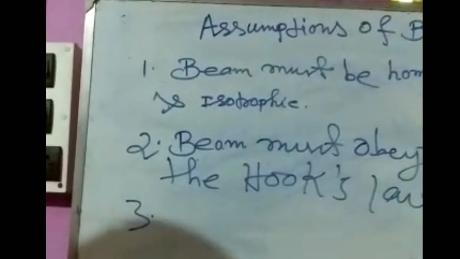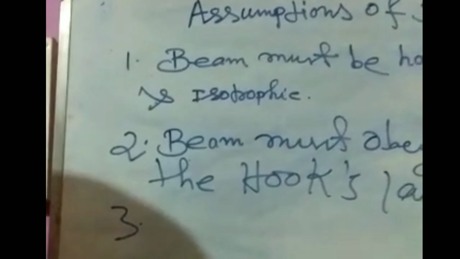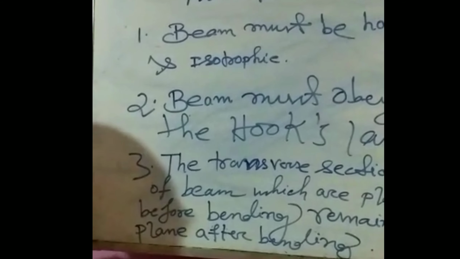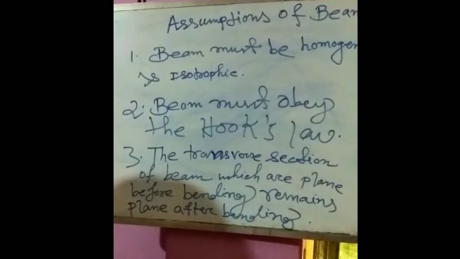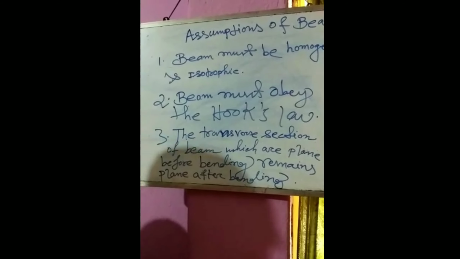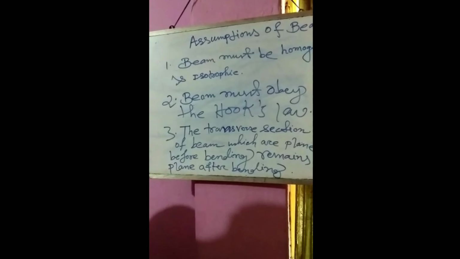Point number 3: the transverse sections of the beam which are plane before bending remain plane after bending.